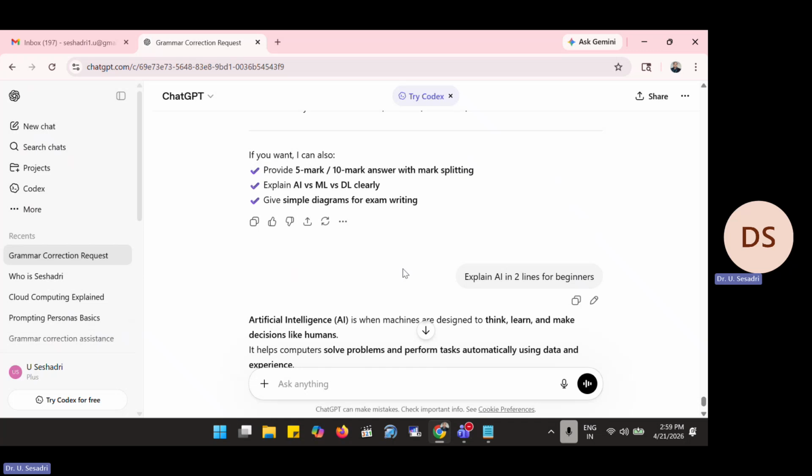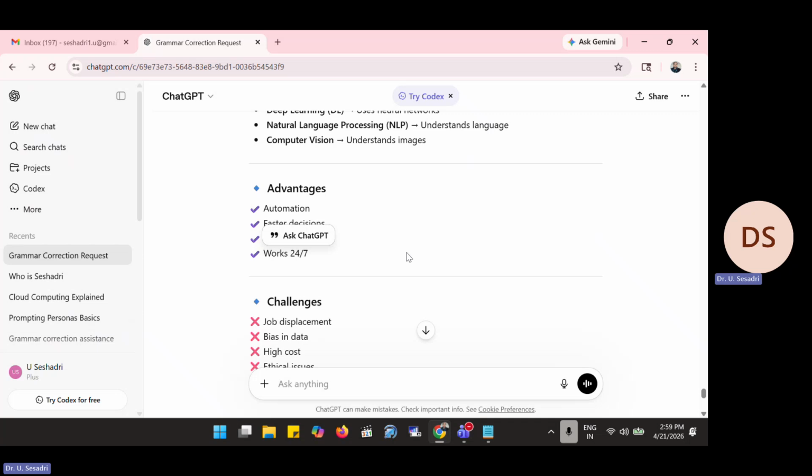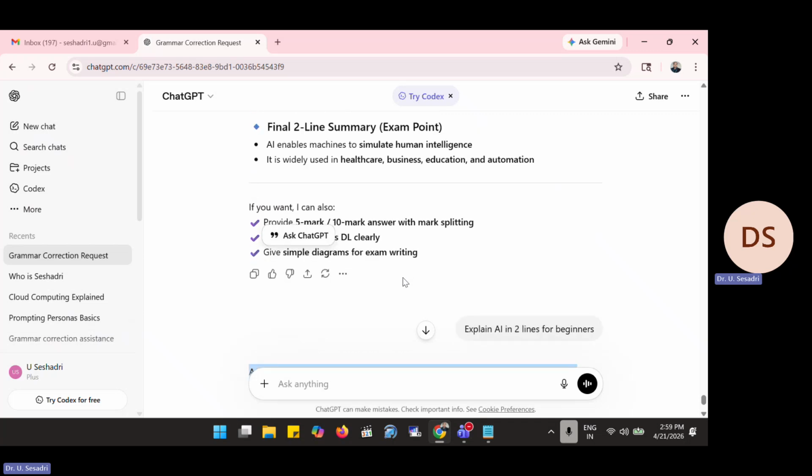That is nothing but dependence on wording. One limitation in prompt engineering is dependence on wording. See, it is providing just the 2 lines, while here it is providing a fuller explanation about AI.